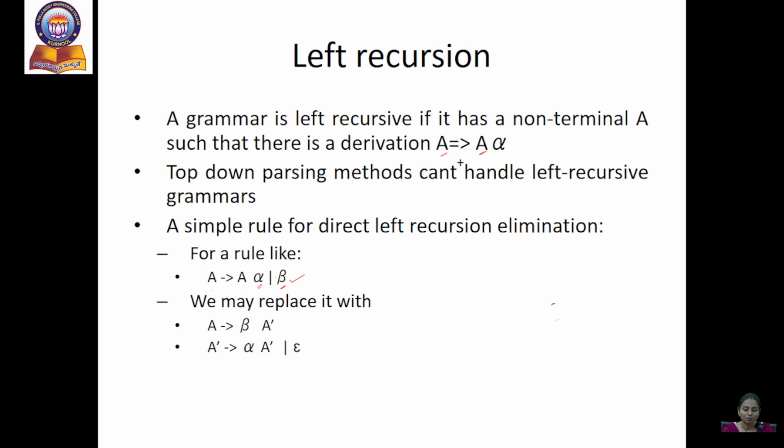After eliminating the left recursion, we have A derives beta A dash, and A dash derives alpha A dash or epsilon. Now you can observe that this same production has been rewritten, split into two productions, to eliminate the left recursion.